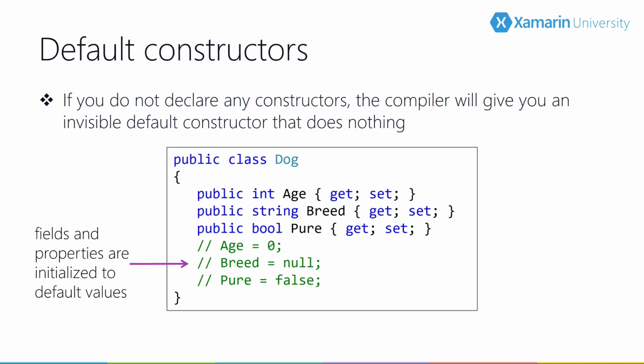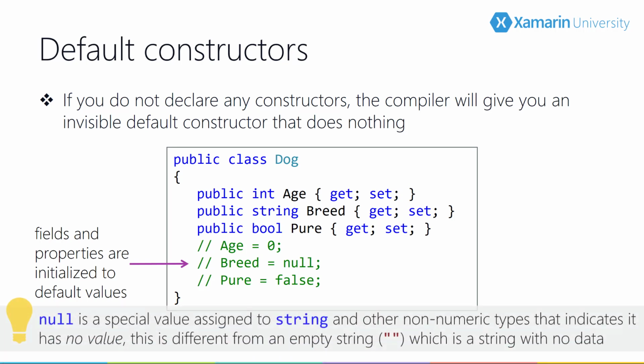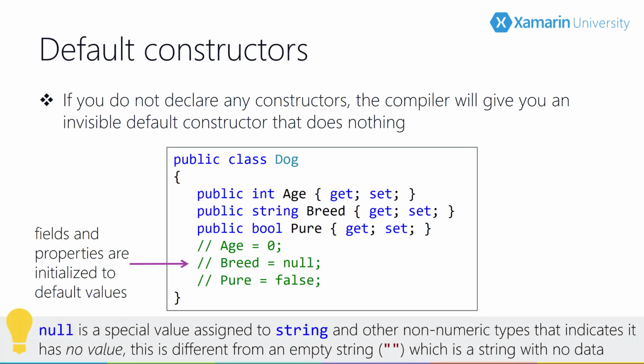By default, properties and fields will be assigned default values. So even if I didn't supply a constructor, age, since it's an integer, would be 0, breed is a string, it would be set to null, and pure is a bool, it would be set to false, even without supplying a constructor.